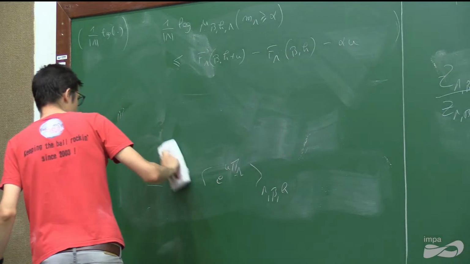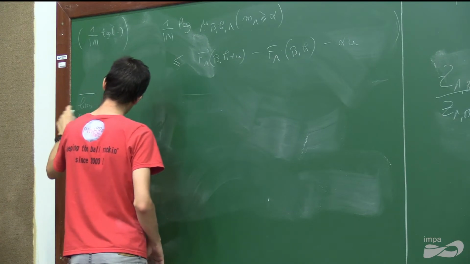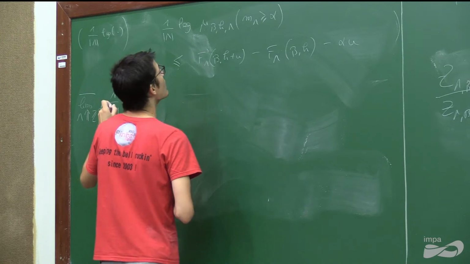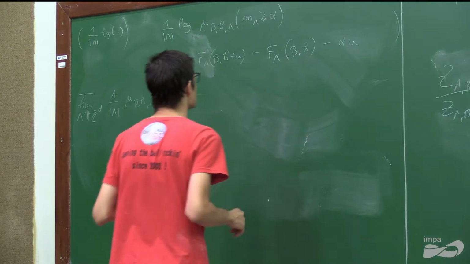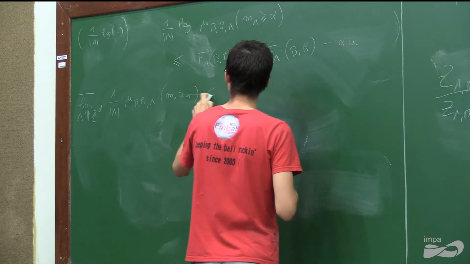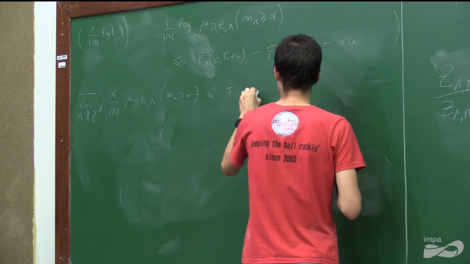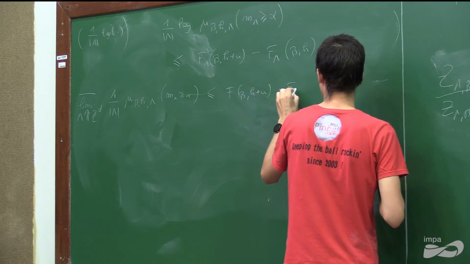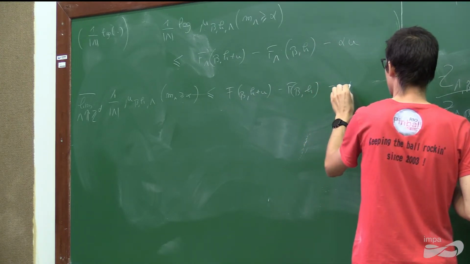So now if I take the lim sup of mu beta h lambda, m lambda larger than alpha, well, this is smaller than f lambda h plus u minus f beta h minus alpha u.